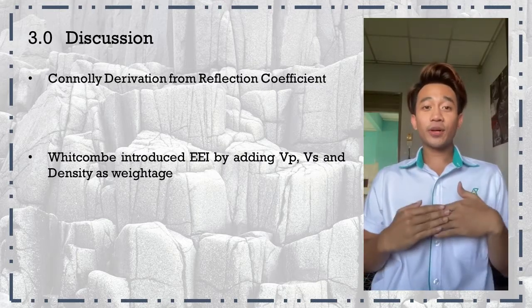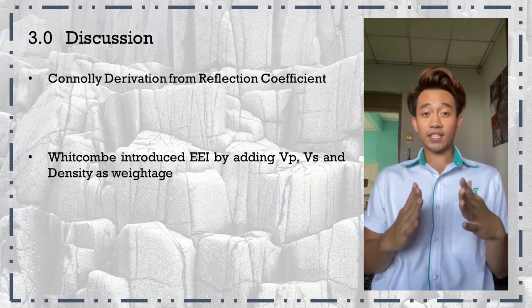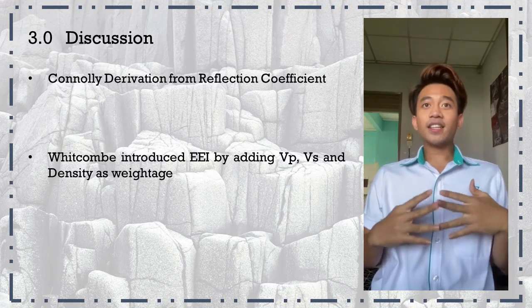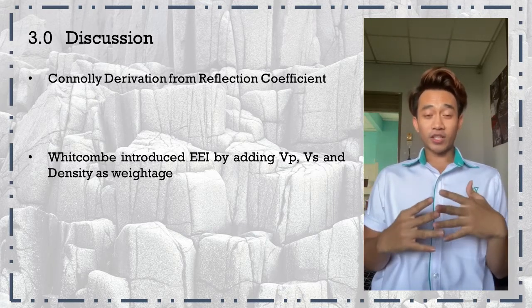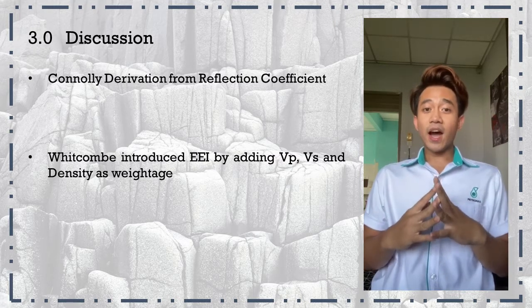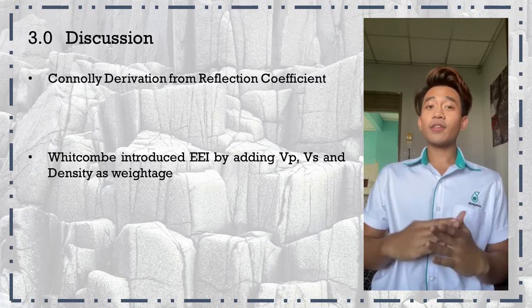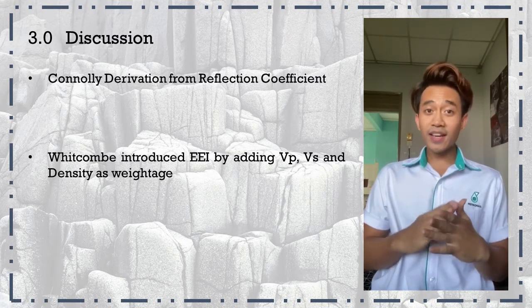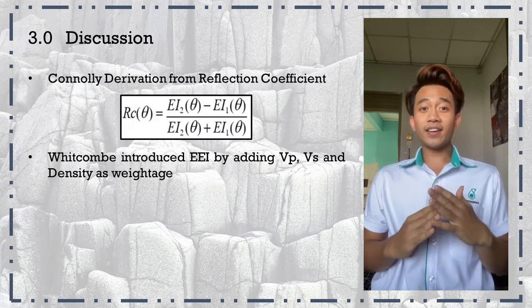The next part of the presentation is discussion, whereby our objective is to express the preceding reflectivity equations in terms of corresponding impedance relationships. Originally, EI is derived from the RC equation by Connolly by including the angle of incidence, and here is the equation.